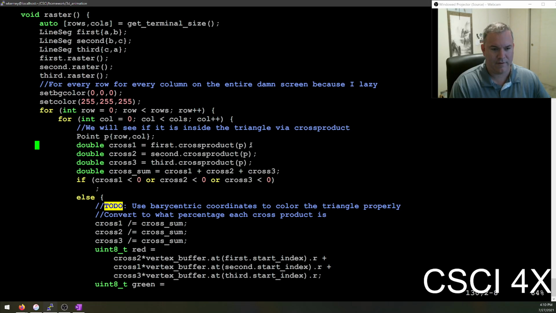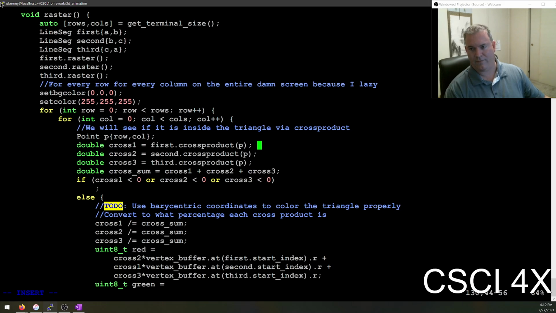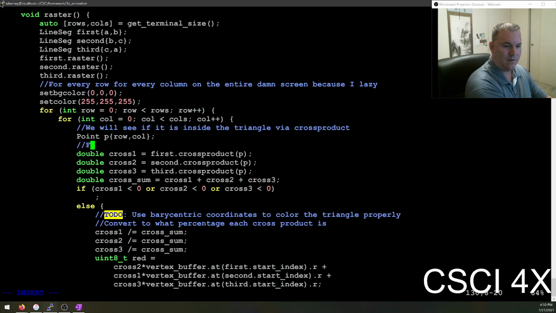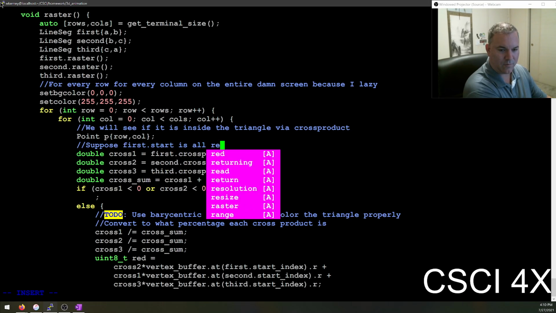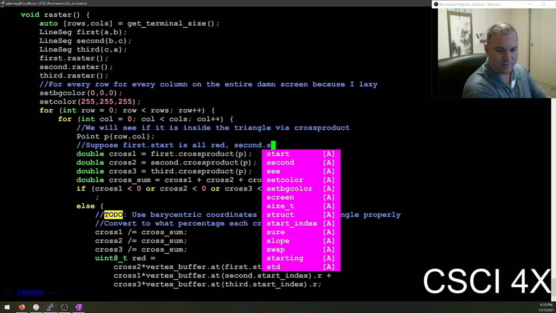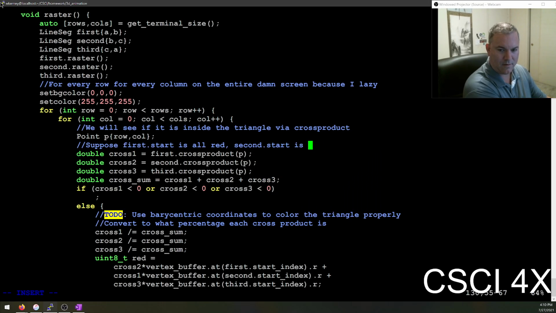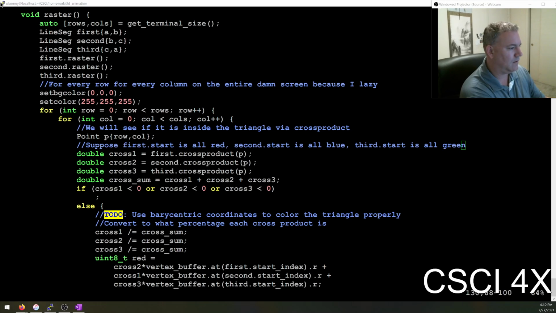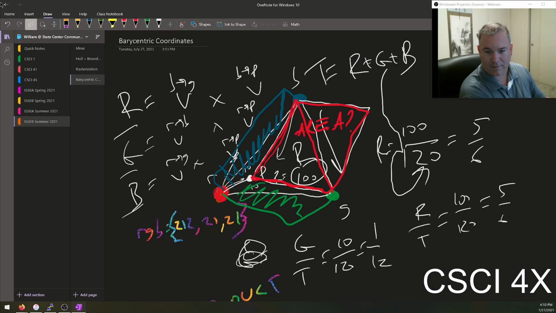So suppose the first dot start is all red, second dot start is all blue, third dot start is all green. Like this, right? First, second, third.